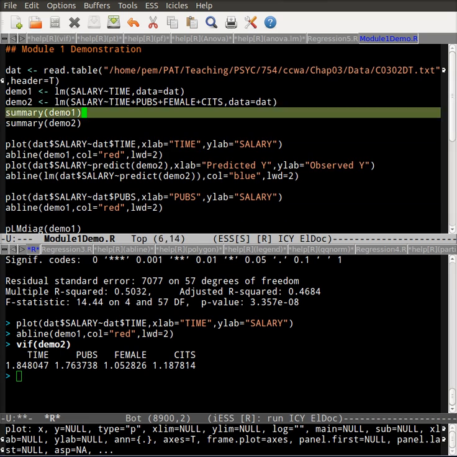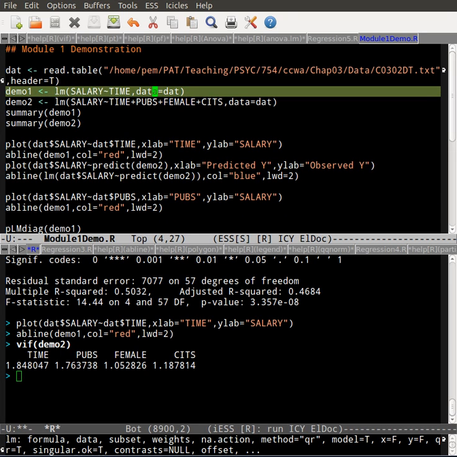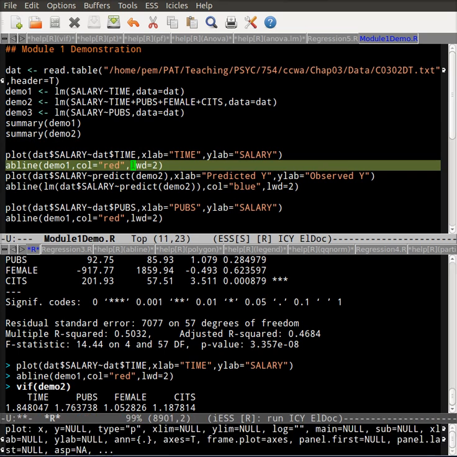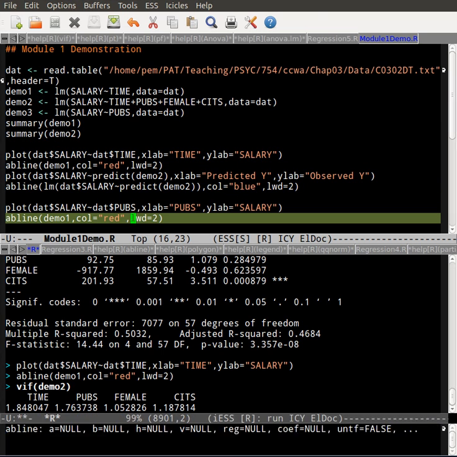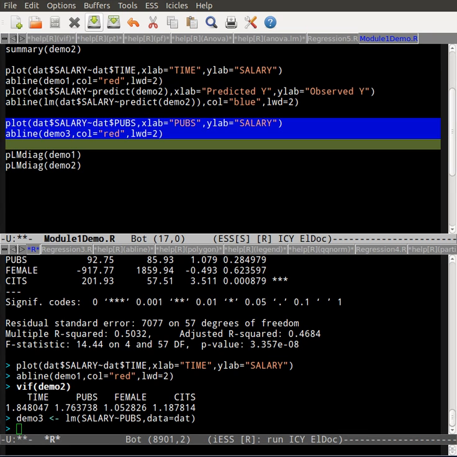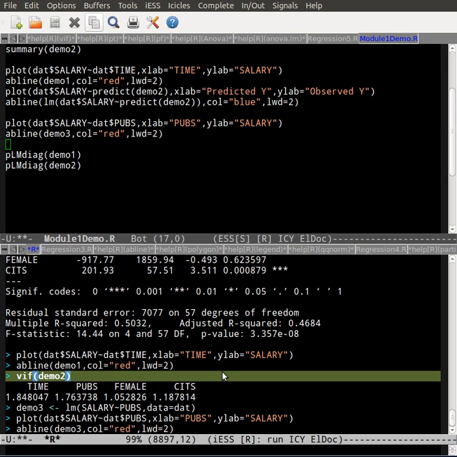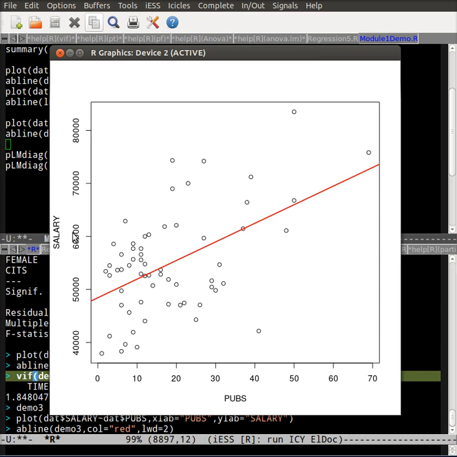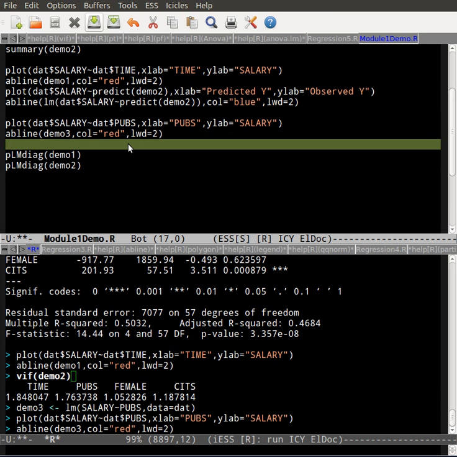And then I do this. The reason I'm doing this is I just want to see whether pubs is a significant predictor. So let's just take a look at the bivariate plot. Pubs, salary, that's looking pretty good.